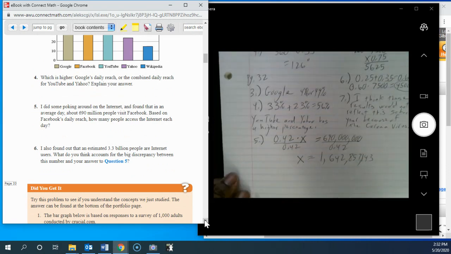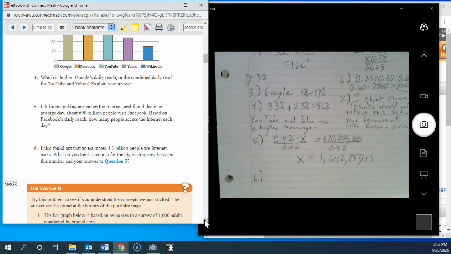Okay, number 6. It says, I also found out that an estimated 3.3 billion people are internet users. What do you think accounts for the big discrepancy between this number and your answer to question 5?